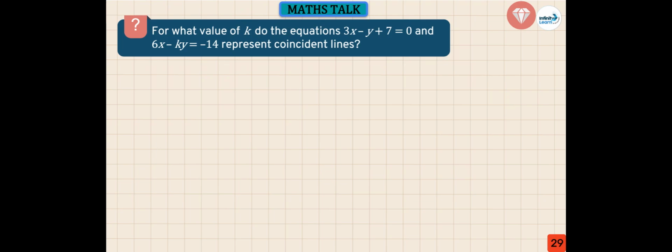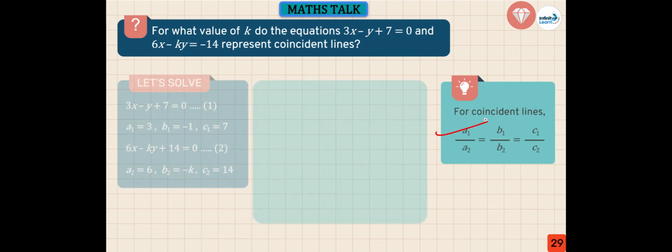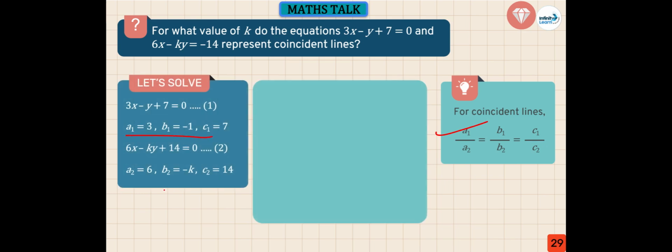Find the value of k for which it represents a coincident line. What is the condition of coincident? This is very important. The condition of coincident is a1 upon a2, b1 upon b2 and c1 upon c2 all are equal. We found the values of a1 b1 c1 and of a2 b2 c2. Compare. 3/6, minus 1 upon k. Comparing, 1 upon 2 is equal to minus 1 upon k.